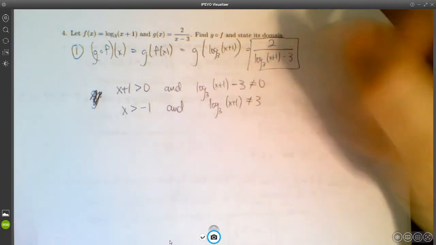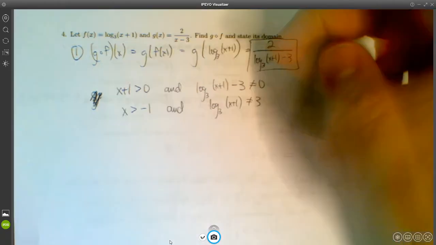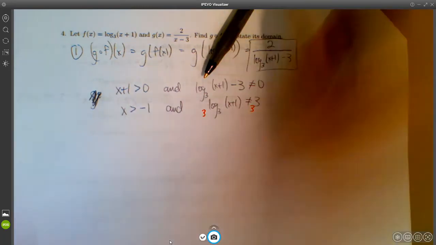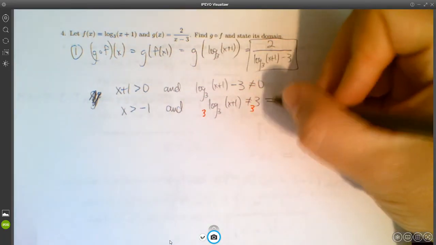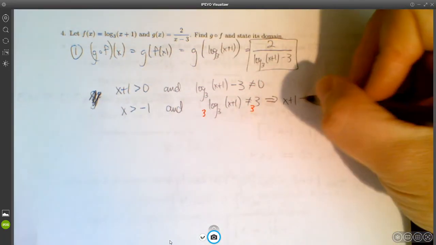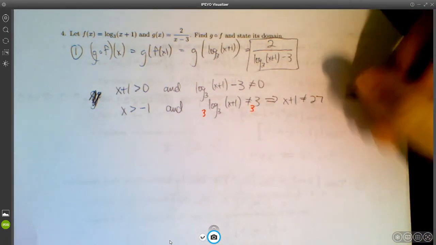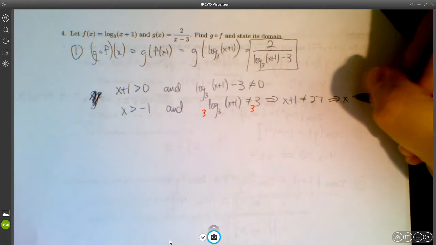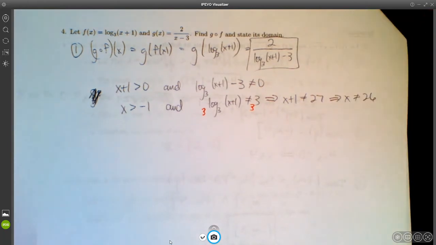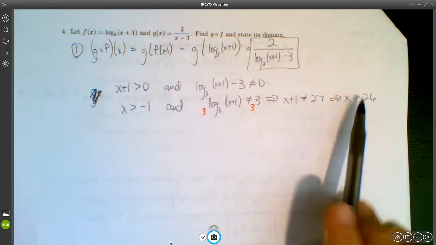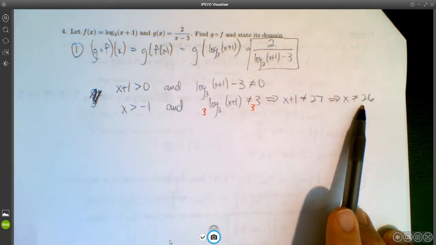If you exponentiate by 3, this means that x plus 1 cannot equal 27, right? 3 cubed is 27, which means that x cannot equal 26. Okay, so x has to be greater than negative 1, and x cannot equal 26.